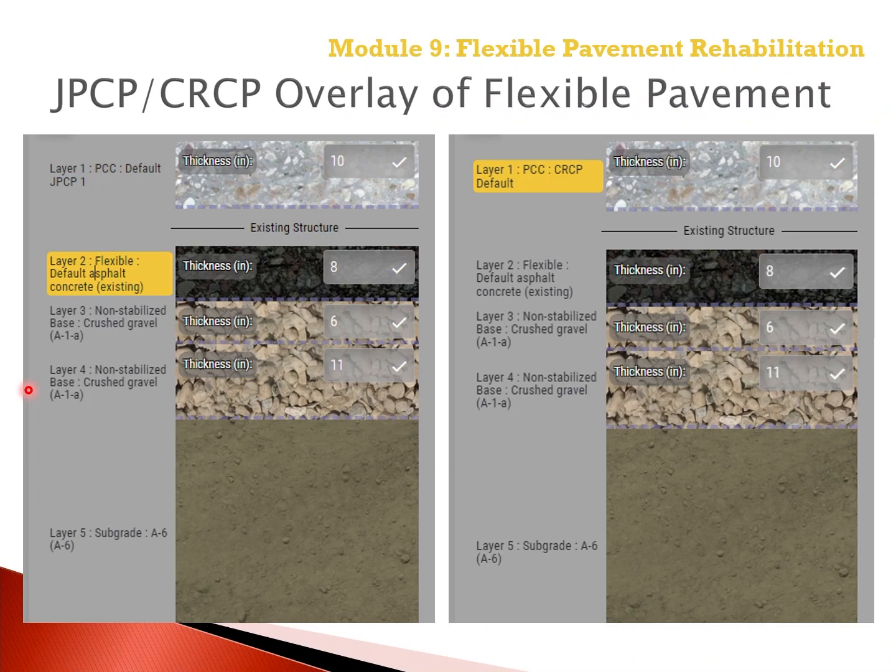This just shows a schematic or illustration of the layer structure where we have the JPCP over our existing flexible pavement, and then the other is where we have a CRCP overlay over the existing flexible pavement. So basically all the layer properties are the same as previously discussed.